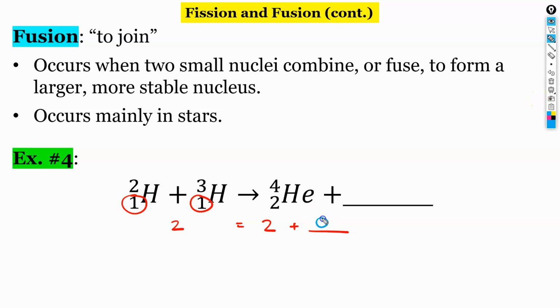Well, this is going to have to be 0 for that to balance correctly. With mass, 2 plus 3 is 5. That's going to be equal to 4 plus some number. That number has to be 1 for that to balance out. So this will be 1 over 0, which, if you recall, is a neutron.